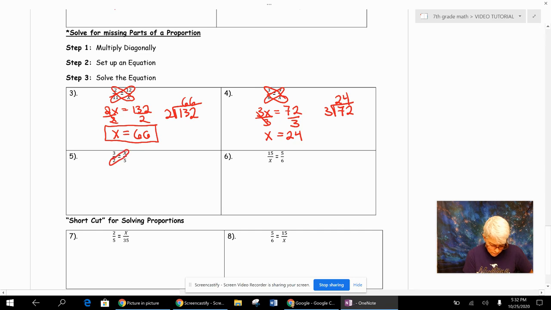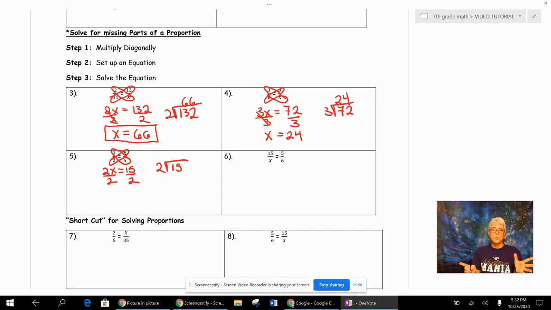2 times x, I'm going to go ahead and keep the variable on the left. 5 times 3 is 15. I'm going to slow this one down a bit, and you'll see why in just a moment. So we have top in the box. And of course, this is a time that if you wanted to pause and work ahead and then see if you got the right answer, that would be an awesome idea.